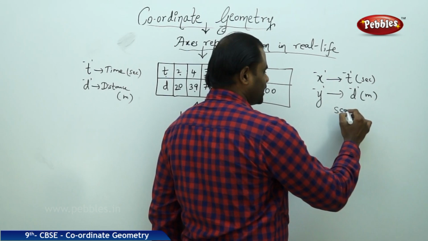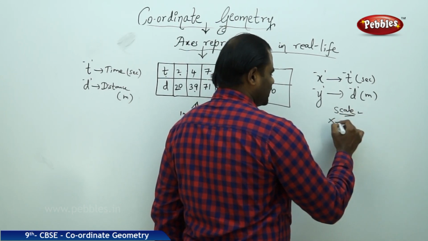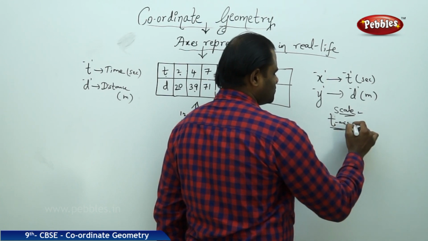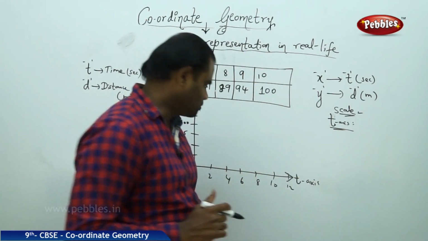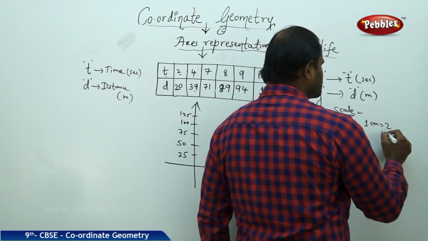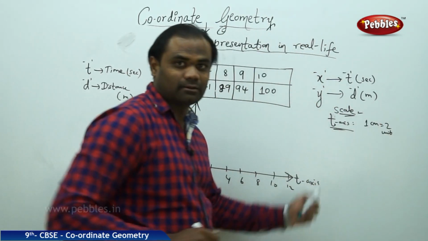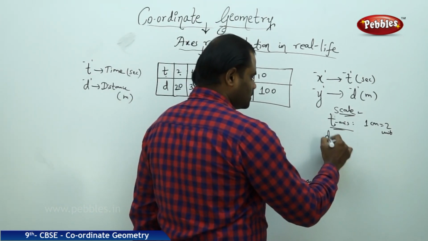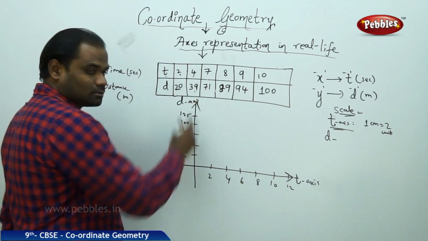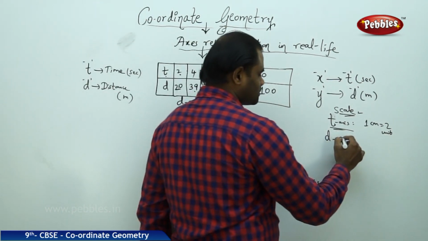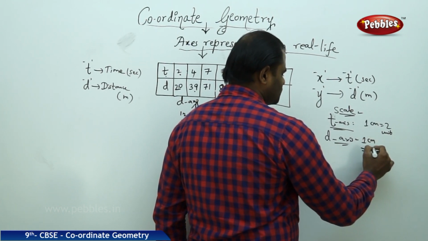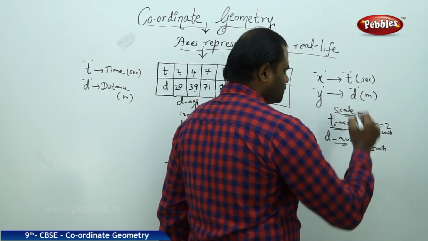So here I adjust the scale on x-axis, which is my t-axis, to be 1 centimeter equal to 2 units, and then on this d-axis, which refers to the y-axis, the distance axis, is 1 centimeter equals 25 units.